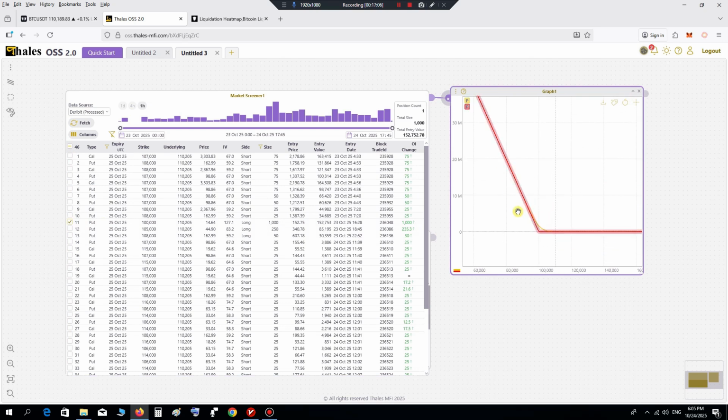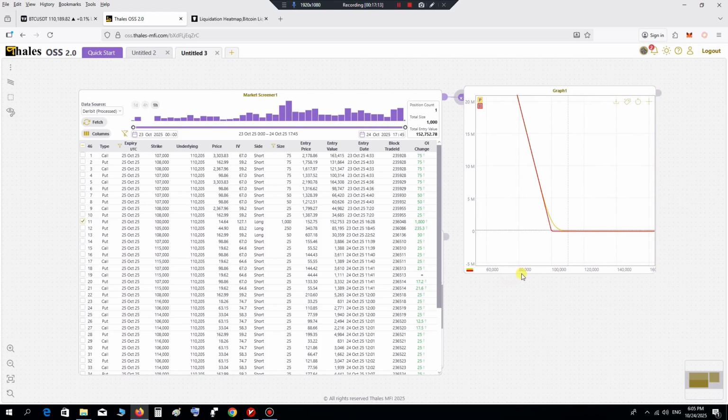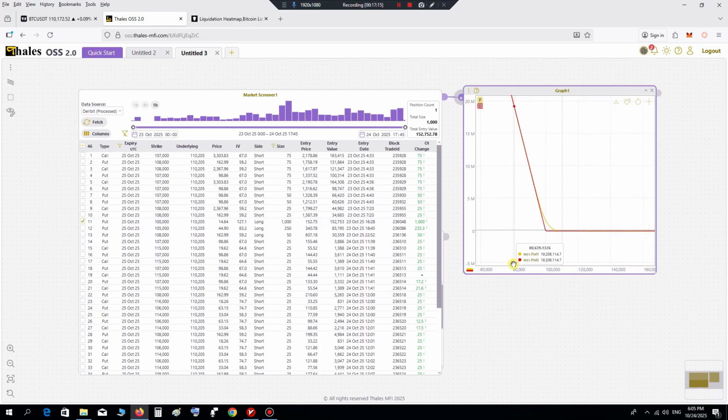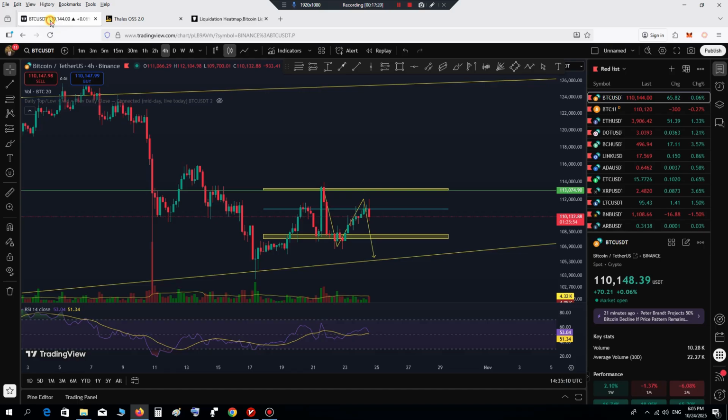They bought puts, 1,000 Bitcoin worth of puts, for the October 25th expiry at 100,000. So, just a heads up, this is a really big trade. We should keep an eye on this, because by tomorrow, well, we've already seen these short strangles, but by tomorrow, we might see even more intense moves happen.